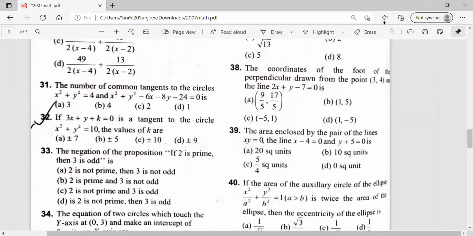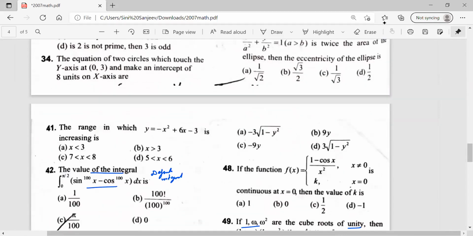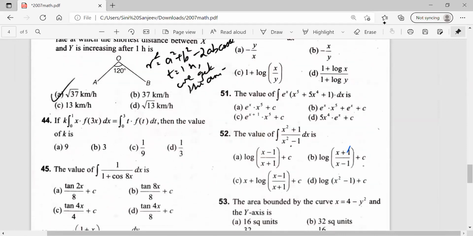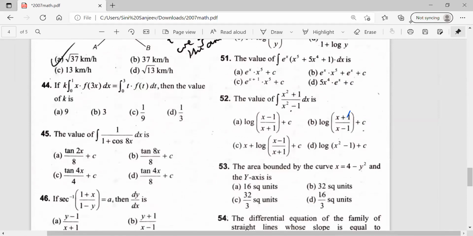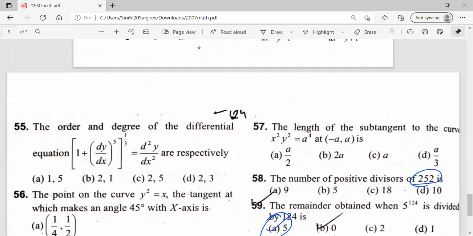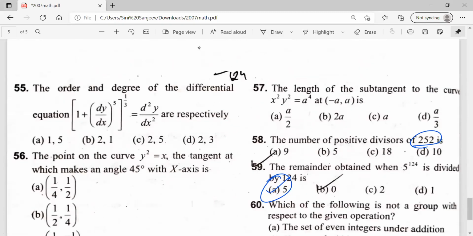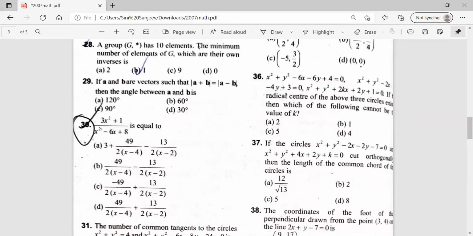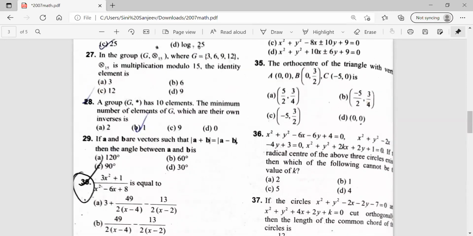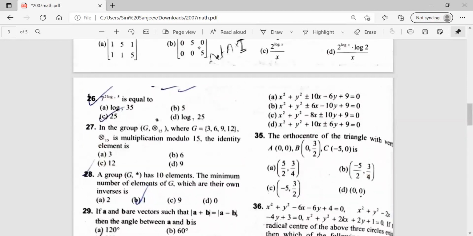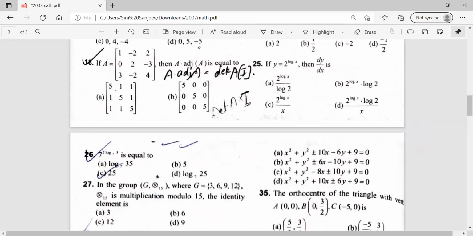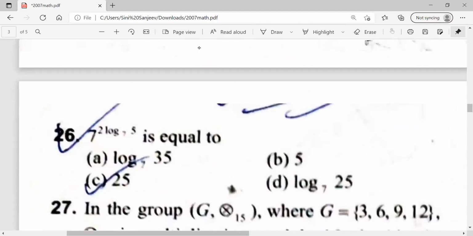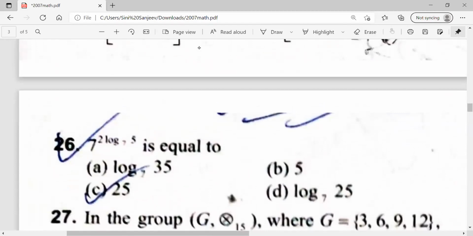Let me take one question which we have. So here also, this is the 26th question, the log one.